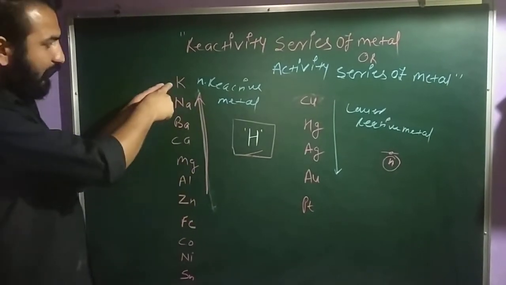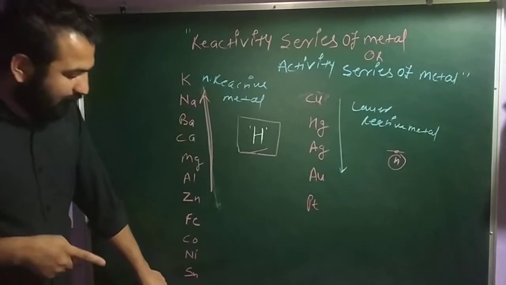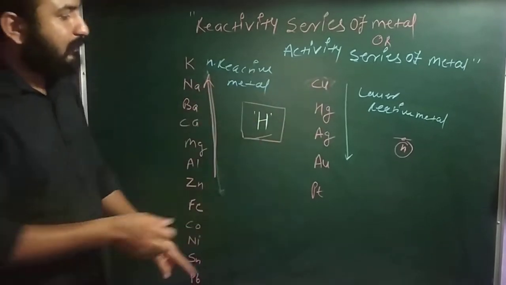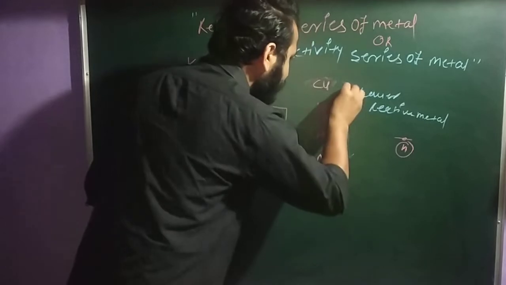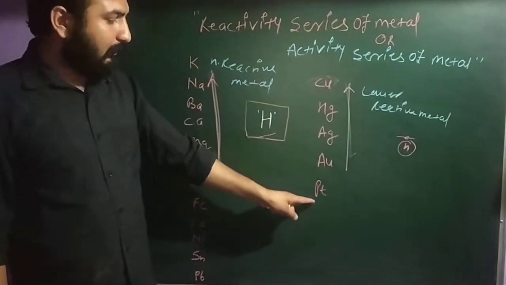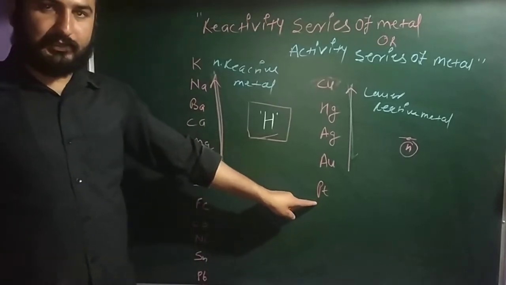That means potassium is the most reactive as compared to Pb, lead, and the same thing is here, going in this direction. That means copper is more reactive as compared to platinum. That means platinum is the least reactive.